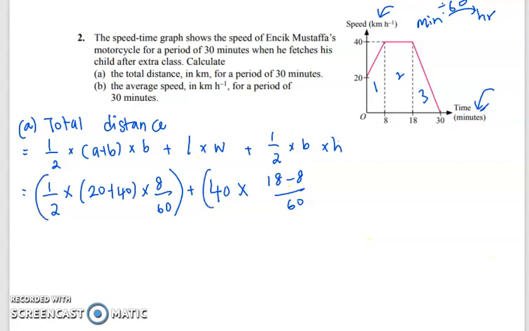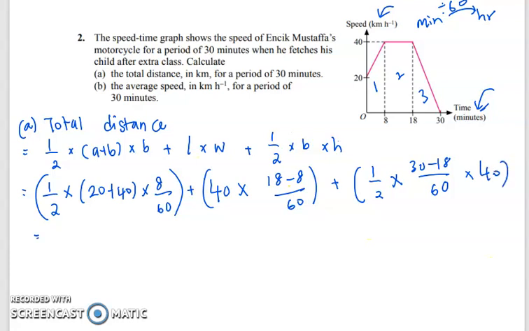Let me put a bracket in front of them, and then plus the third shape, which is the triangle. So 1 over 2 times base 30 minus 18, so 30 minus 18 divide 60, because we need to change the minutes to hour, and then times with the height, so the height is 40.